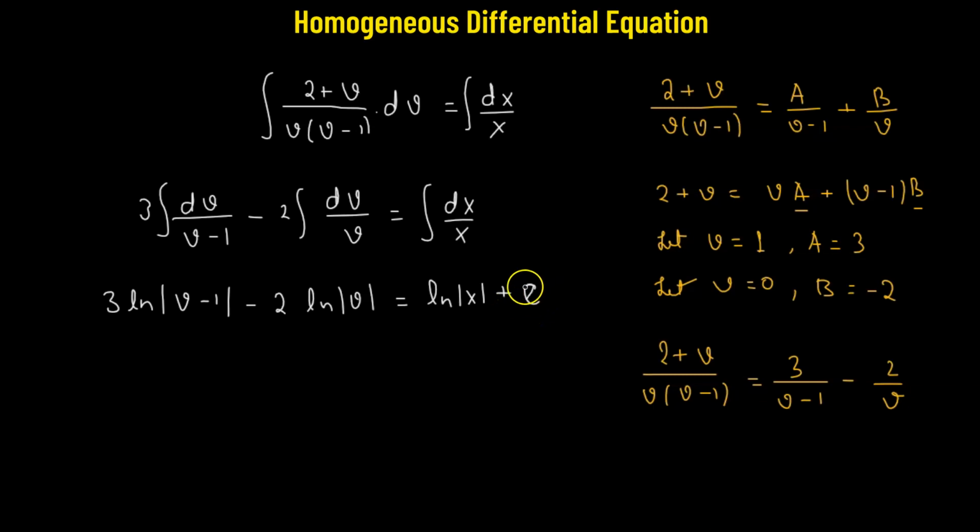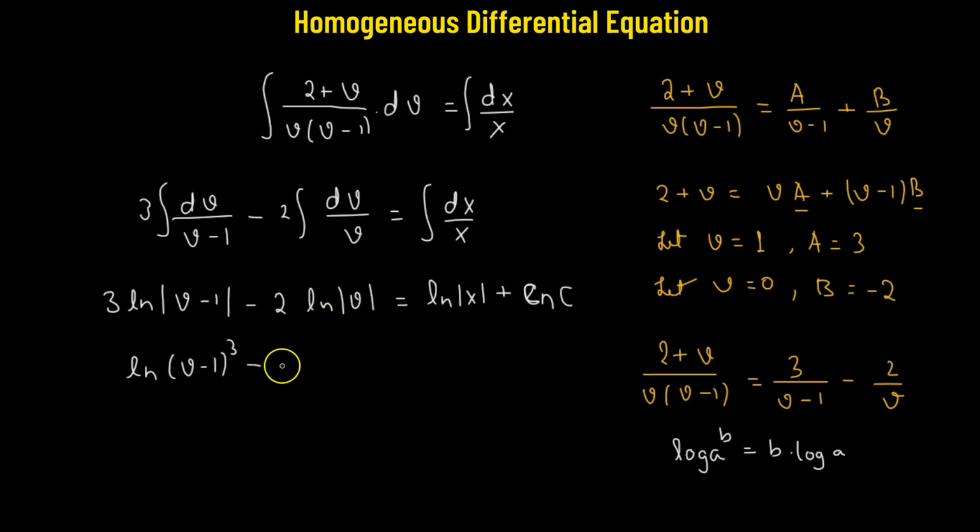Right. Let's take natural log of c so that we can get rid of the logarithm by combining all of them. So we are going to use the property here: if we have log of a raised to the power of b, then this is simply equal to b times log of a. Since we have 3 times natural log of (v minus 1), we will have log of (v minus 1) whole cubed.